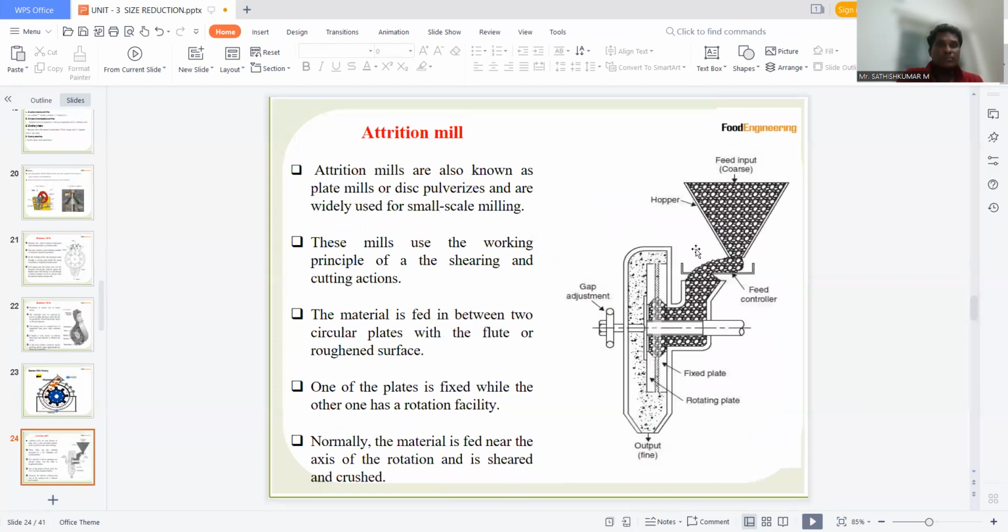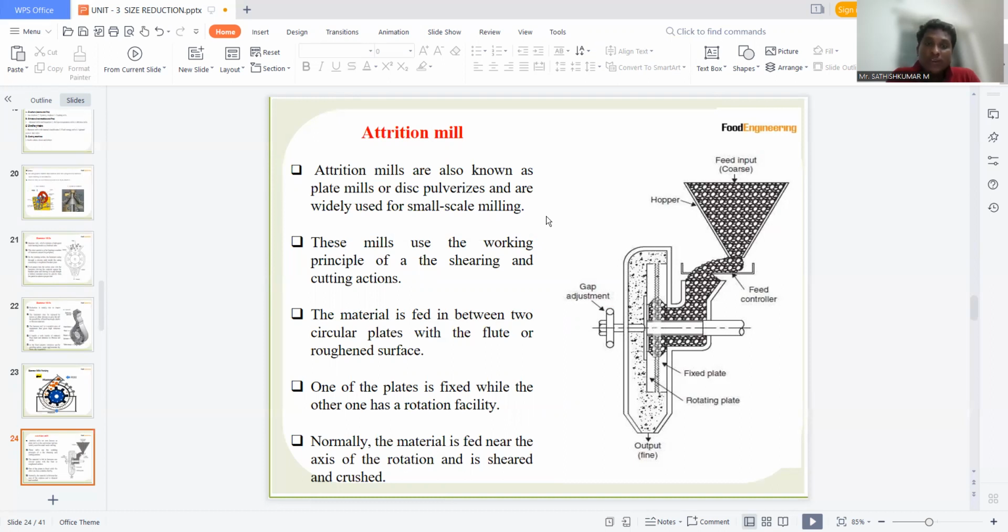Let's move into the attrition mills. Attrition mills are also known as plate mills or disc pulverizers and are widely used in small scale industries. These mills work on the principle of shearing and cutting forces, and the material is fed between two circular plates, which have fluted or roughened surfaces.